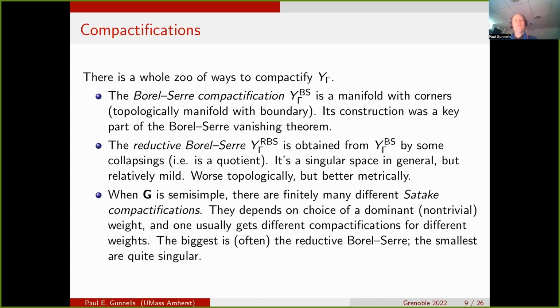So first of all, there's the Borel-Serre compactification. This compactifies a locally symmetric space to what's called a manifold with corners. Topologically, that's just a manifold with boundary, which you're familiar with from algebraic topology or differential topology class. But it has a refined structure.